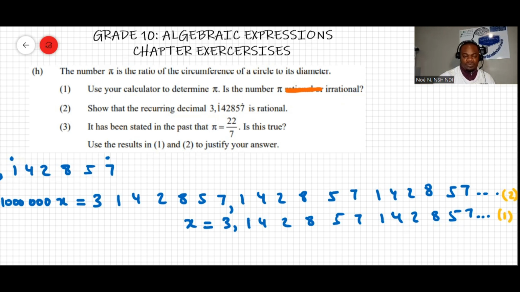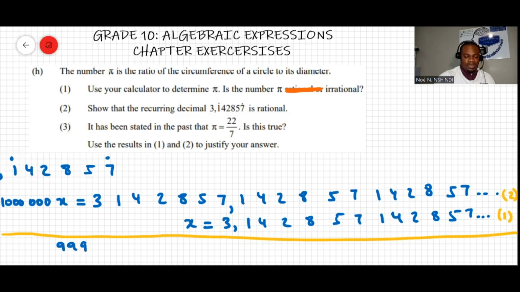This is equation number 2. Now, if I do equation 2 minus equation 1, I will have 1 million x minus x, which is equal to 999,999x, equal to 3142854, because 7 minus 3 is 4.